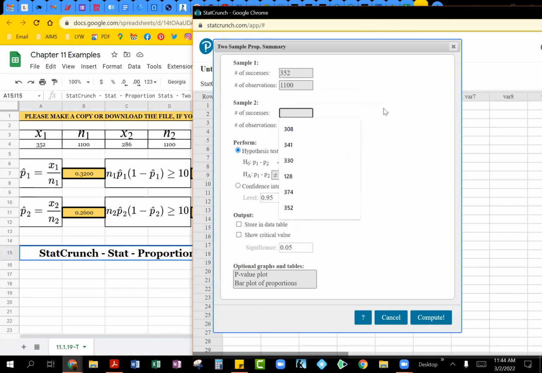The recent survey, we had 286 people who abstained and a total of 1,100. So that's your number of successes, number of observations. Of course, we are doing this as a hypothesis test, not a confidence interval. So you will see how these guys have P1 minus P2 equals 0. This is just another way of writing your hypotheses testing. So you will see in my math lab or my stat lab, we had P1 equals P2.